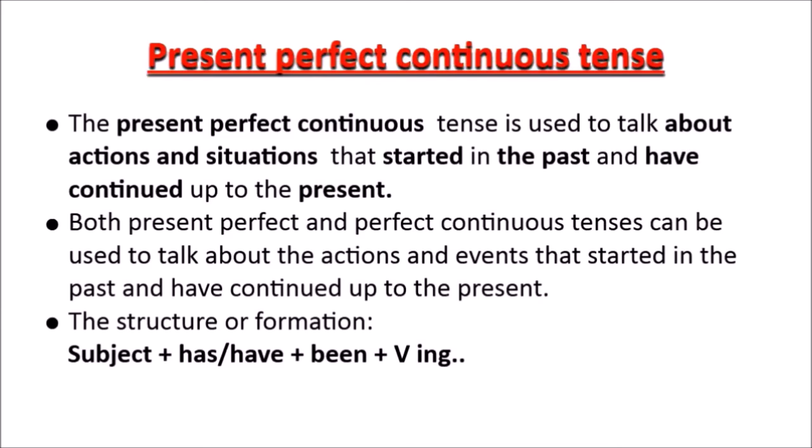Okay, so not only present perfect continuous tense, but perfect continuous tense also talks about the action or event that has already started in the past and has continued up to the present. Okay, students, I have given the structure or formation for the present perfect continuous tense. Look at the structure there. Subject plus has or have plus been plus verb ing. Clear?